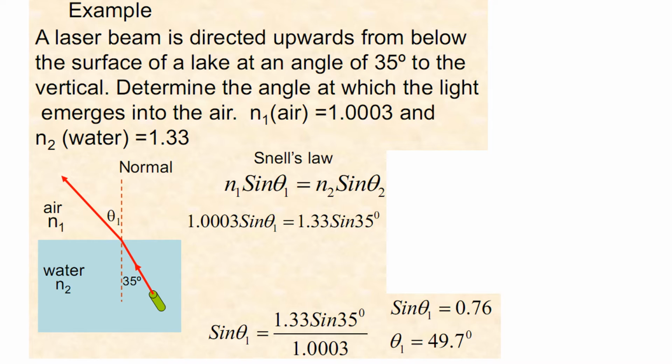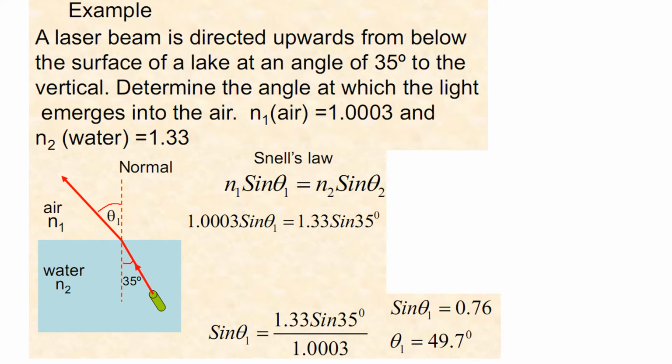We have a laser beam which is directed upward from below the surface of a lake. We know that in a lake we have water. So the laser light is in the lake, and it is emitting light in air. Here we have an angle of incidence, and here we have an angle of refraction.